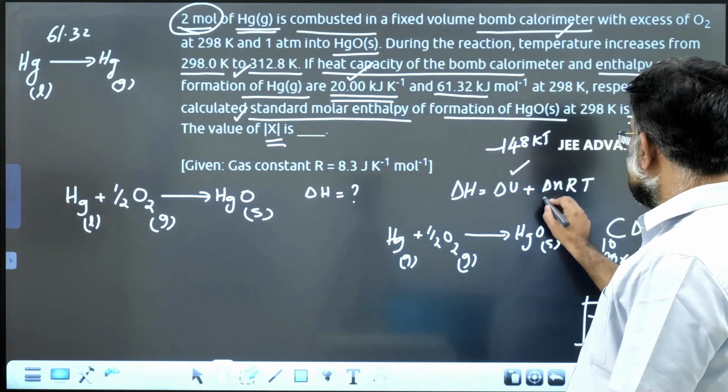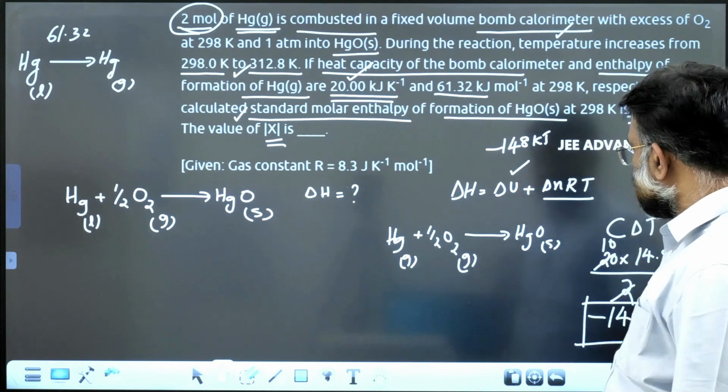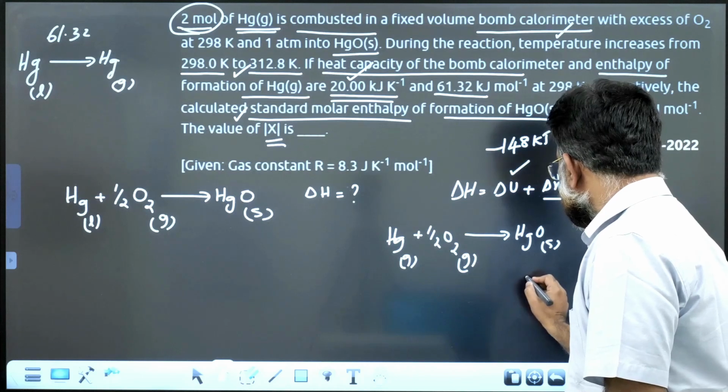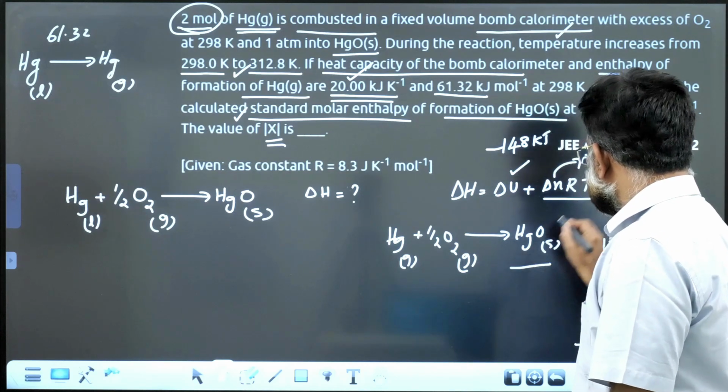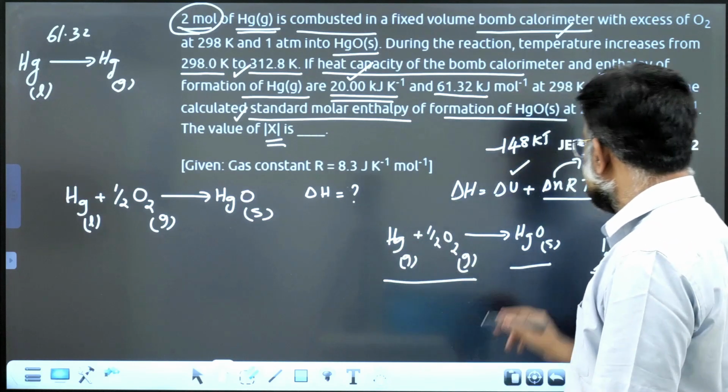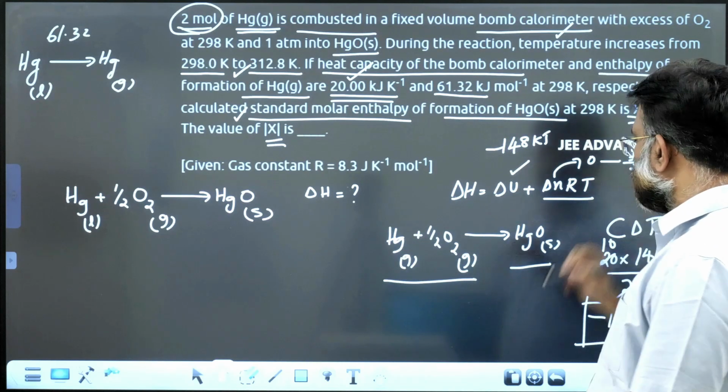Now delta nRT. Delta n for the process will be product side solid 0 minus reactant side 1.5. So it is 3 by 2, isn't it?